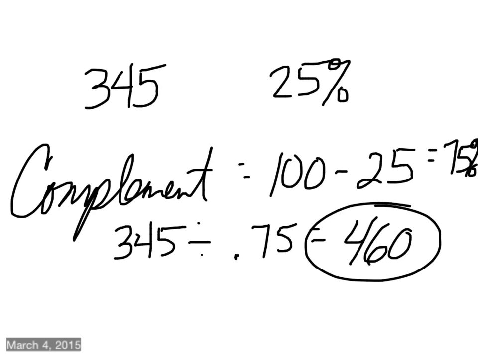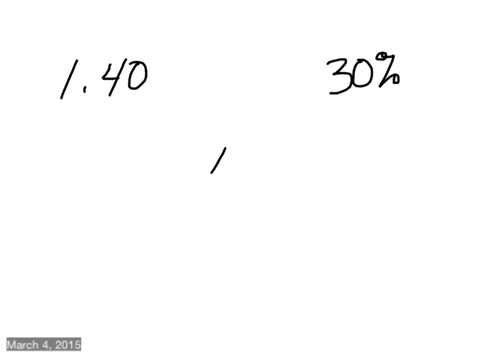Number 2. The cost is to us $1.40. Its markup is 30% of the selling price. First step, what's 100 minus 30? 70.